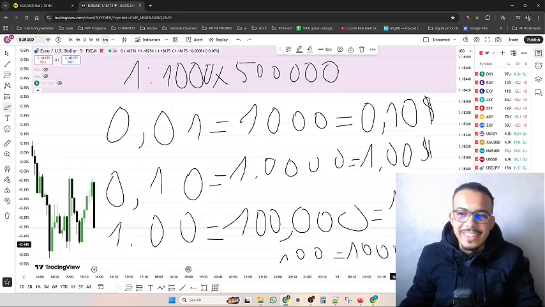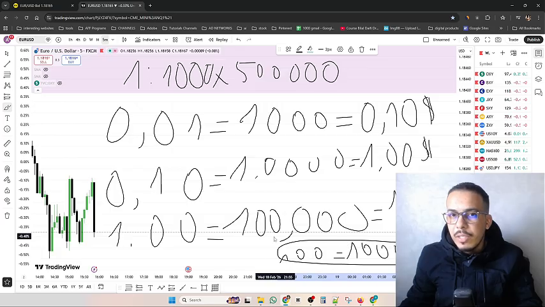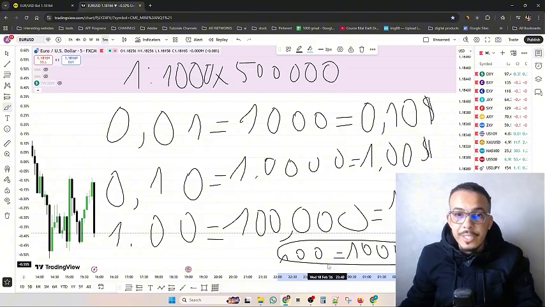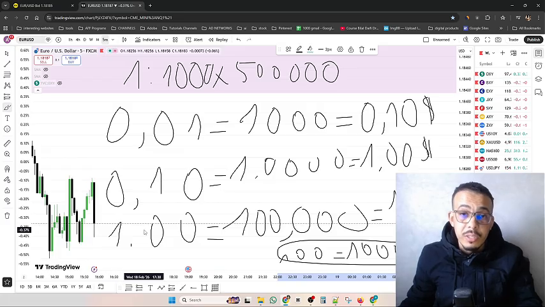But here's the thing, the bigger your trade size, the bigger your profits and the bigger your losses. Okay, keep that in mind. Because if the market goes against you, you will lose your money very, very fast. Okay, now this is for the leverage. It's the simplest. Just my advice, don't over leverage and don't oversize. Okay, don't choose bigger size chasing bigger profits. Okay, the most important thing is consistency. Stay profitable.